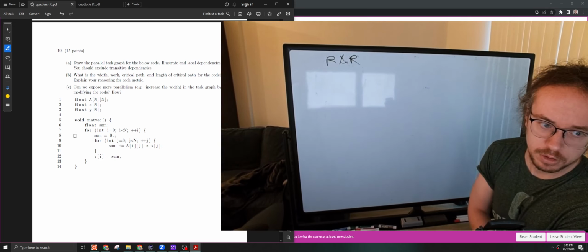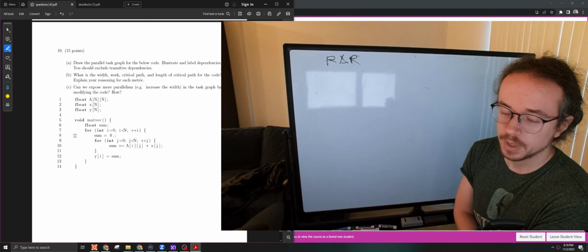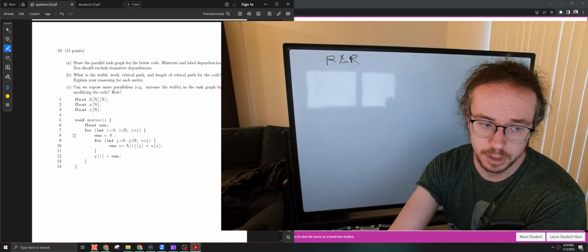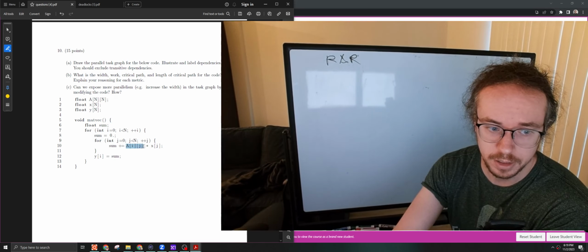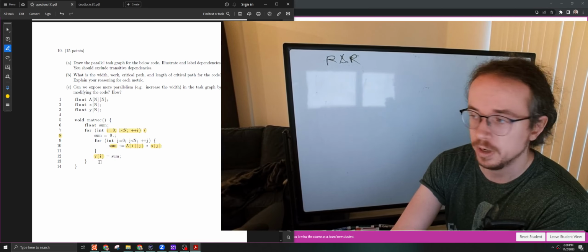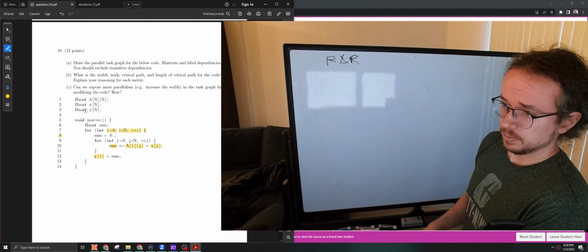So the sort of proper way to do this, if we follow the guides that we were given, 1, we're going to go through this step by step, and 2, I'm not going to write any of the dependencies for a at i, j, or x, because we never write to those values, so it's impossible for them to generate a dependency. All right.